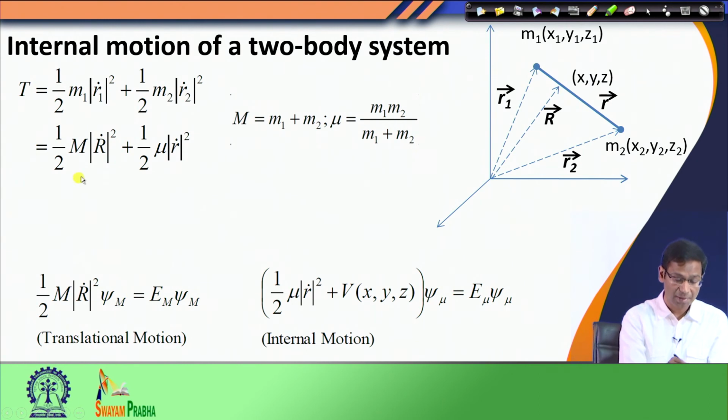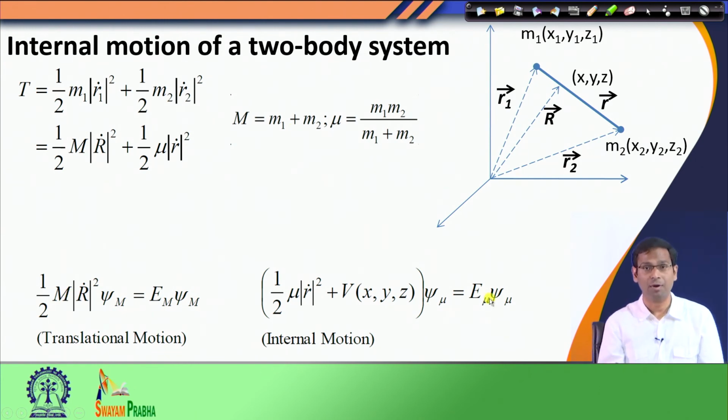So, I can separate this two body problem into one body problems, where the first one body problem is essentially the translational motion of a fictitious particle of mass m1 plus m2 at the center of mass of the system, and the second problem is the internal motion. The second problem has this kinetic energy term, and suppose I introduce some external potential that would influence the rotation or the vibration of this two body system.